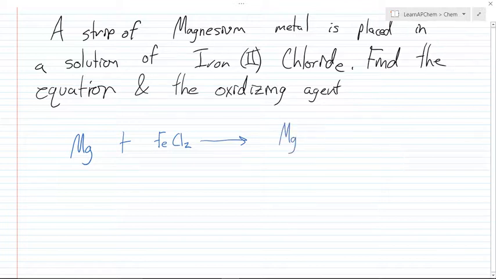So remember the charge of magnesium is +2. Magnesium is an alkaline earth metal. And then Cl is -1, so MgCl2 plus Fe. Okay, and so looking at this, I can see right away that it's balanced.